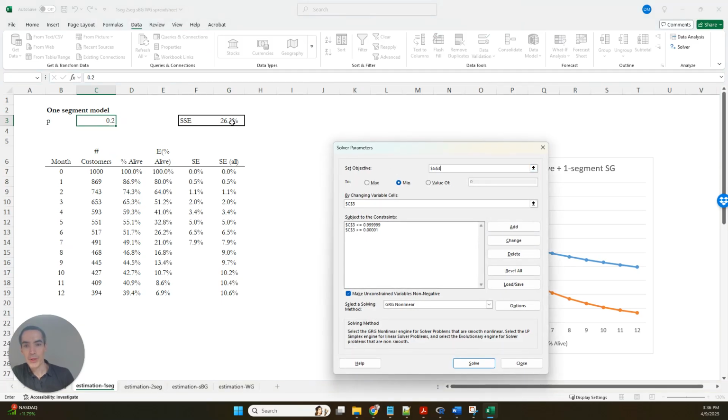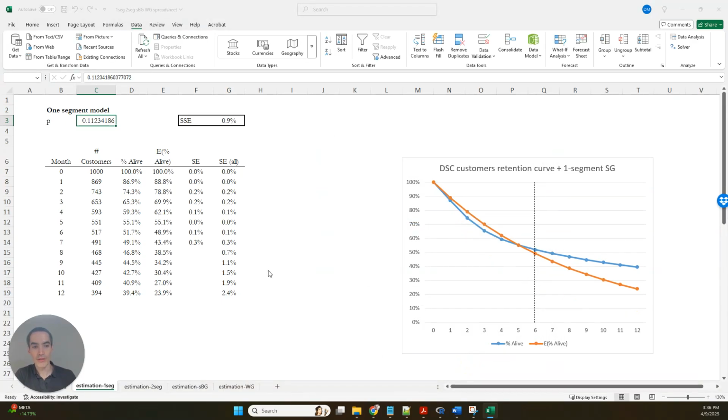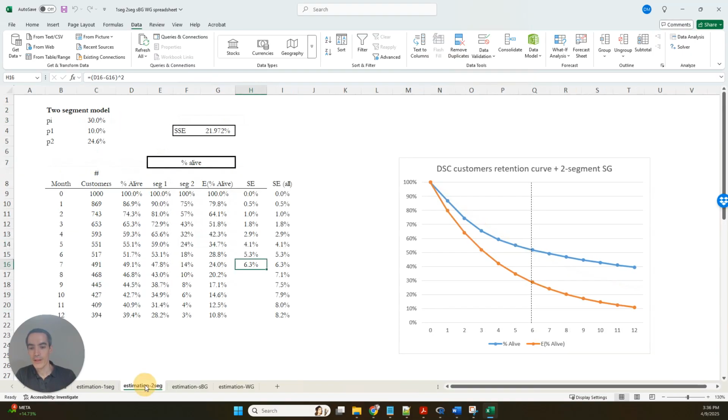I am trying to minimize the sum of the squared error over the training period data by changing p, where I know that p has to be between 0 and 1. So if I hit solve, again we can see we're doing the best job that we can under the constraints of a one-segment model.